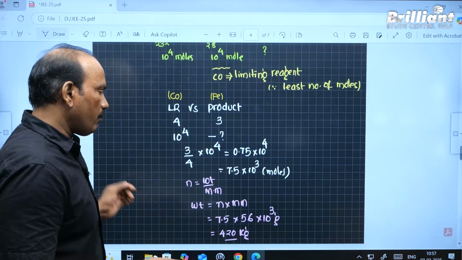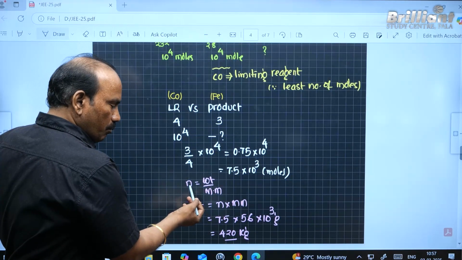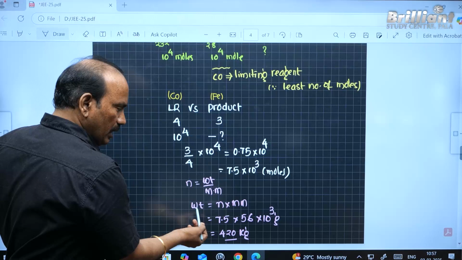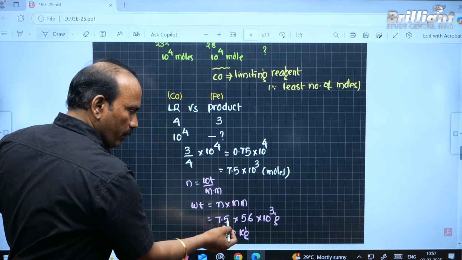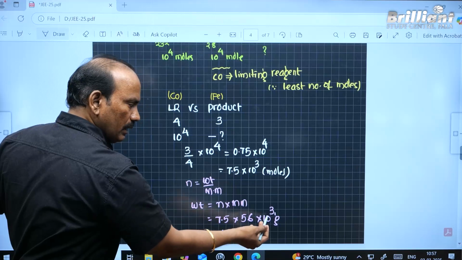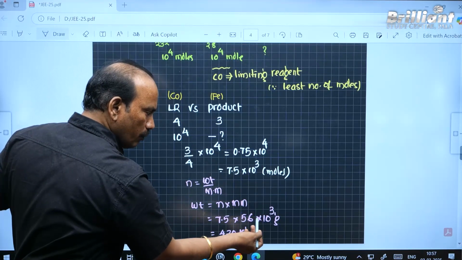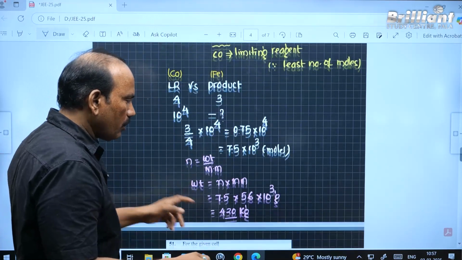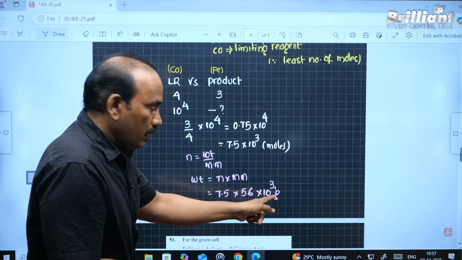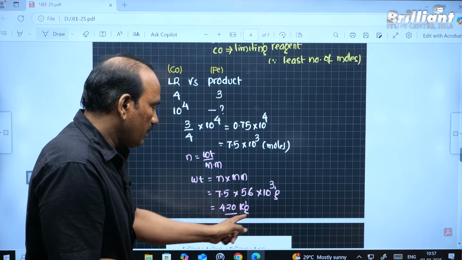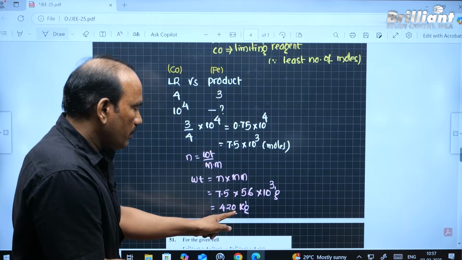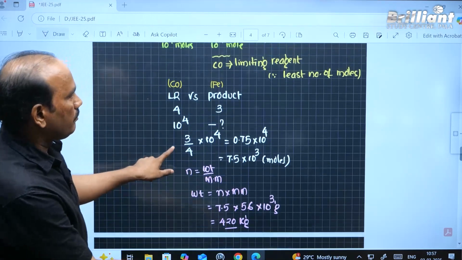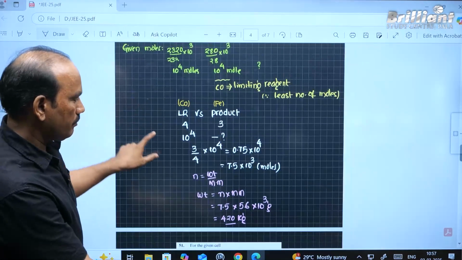Then we want the weight. Mole equals weight by molecular mass, so weight equals mole into molecular mass. 7.5 into 10 power 3 into 56 grams. 10 power 3 grams is nothing but kg. Therefore, the answer is 420 kgs. Clear?